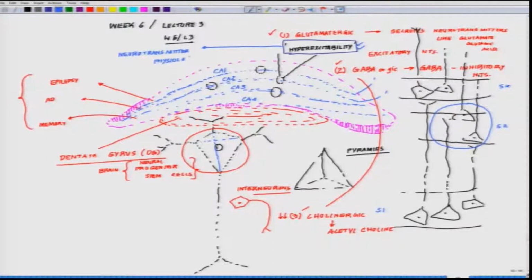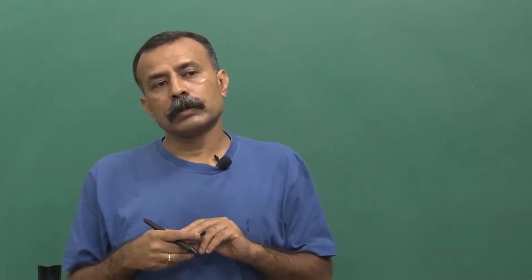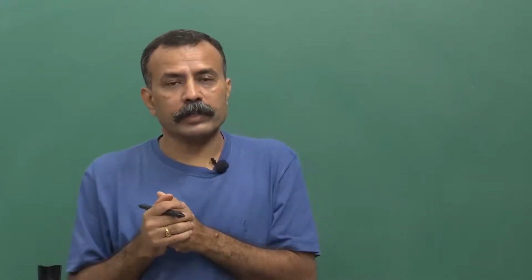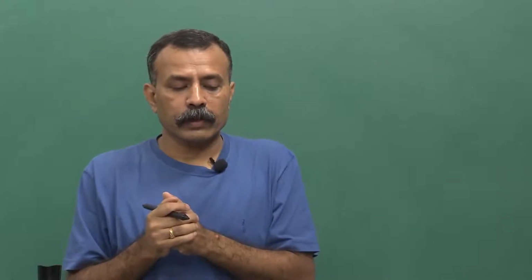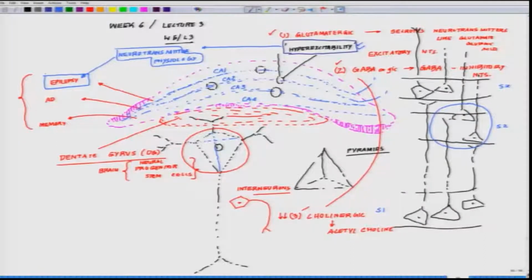How that happens, why that happens is an area of constant research, but it looks like some of the neurons are possibly either genetically predisposed or there are certain modifications which happen over a period of time that make them very hyperexcitable, and such patients suffer from what we know as epilepsy. So, this is where most of the epileptic bouts happen. There are other places, but this is the major one.